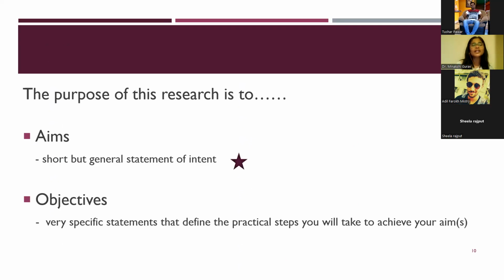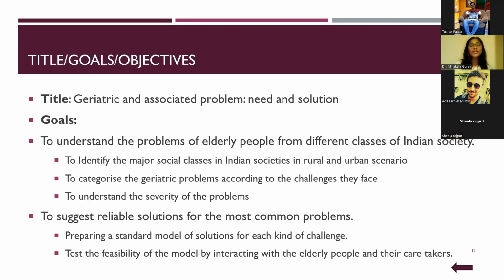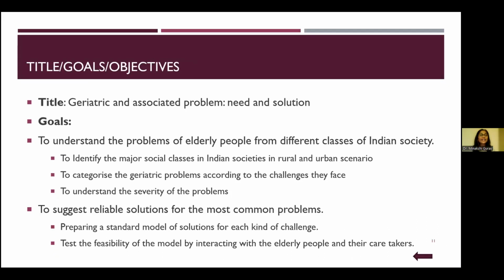Aims and objectives, a little bit I will speak about, which we have already discussed: the aim is the broad statement and objectives are the small steps. Here I have an example, with one title I have framed: geriatric and associated problems, need and solution. For this I had to write goals. How will I write the goal? I have not yet decided the complete plan, but tentatively I have written: to understand the problems of elderly people from different classes of Indian society.